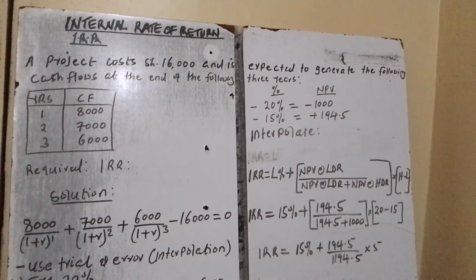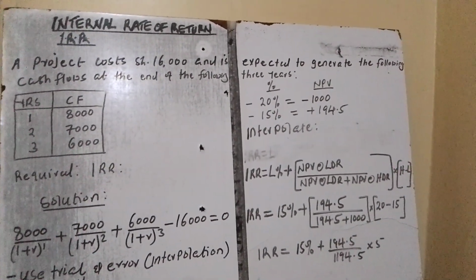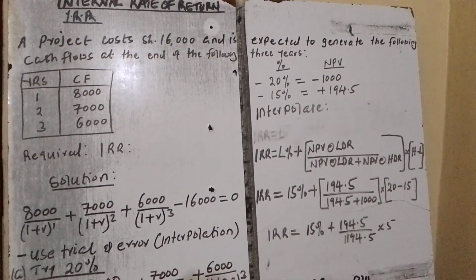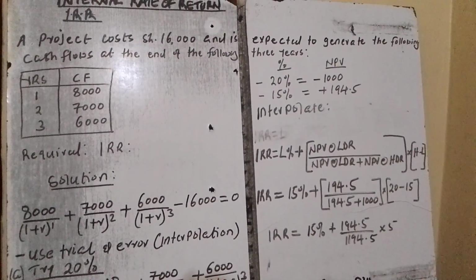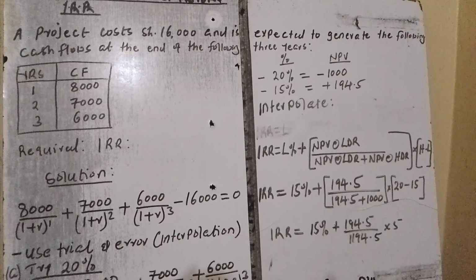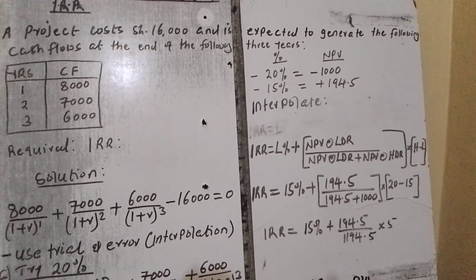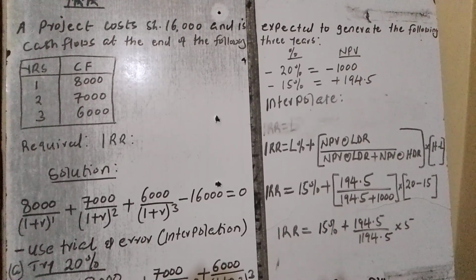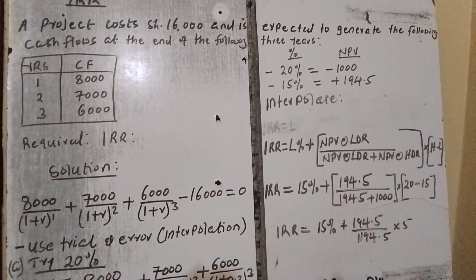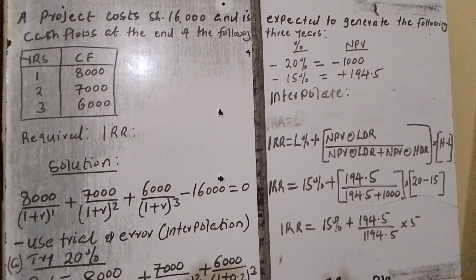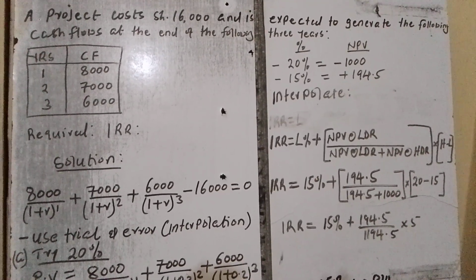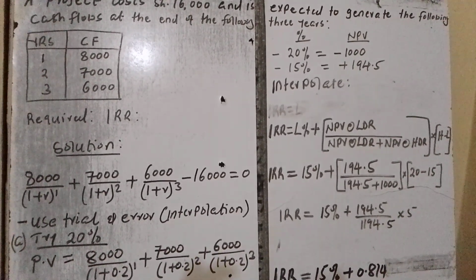We say that a project costs 16,000 shillings and is expected to generate the following cash flows at the end of the following 3 years. Year 1 is 8,000, year 2 is 7,000, year 3 is 6,000. What is the IRR? You can see the solution.